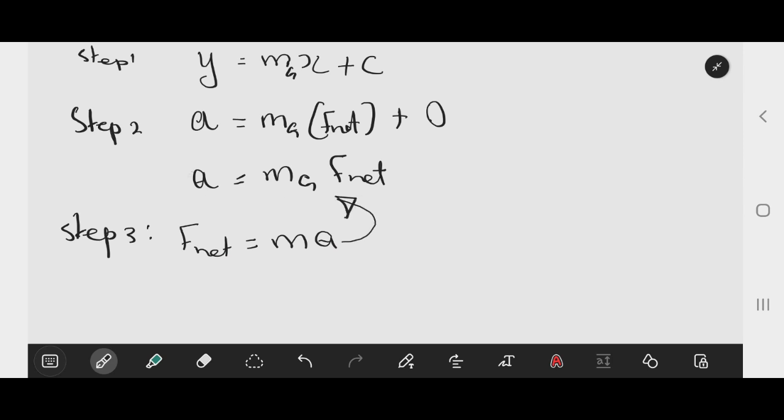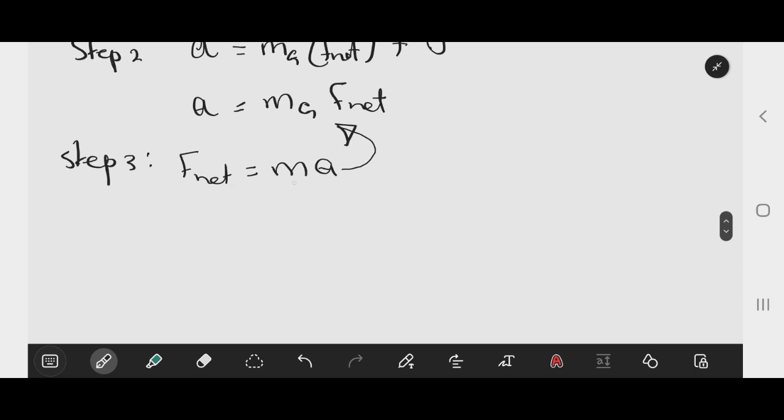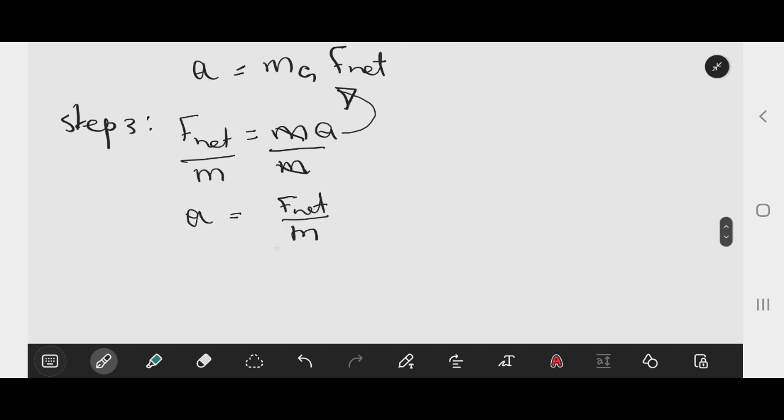So with this formula above for step number 2, we have A as our subject of the formula. So we have to manipulate the original formula in such a way that A is the subject of the formula, right? Okay, so let us make A the subject of the formula. We divide by the mass of the object. Now acceleration is equal to F net divided by the mass of the object.